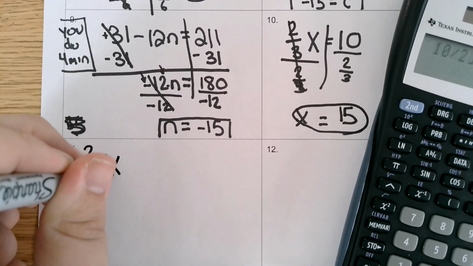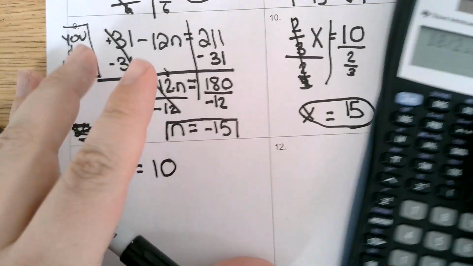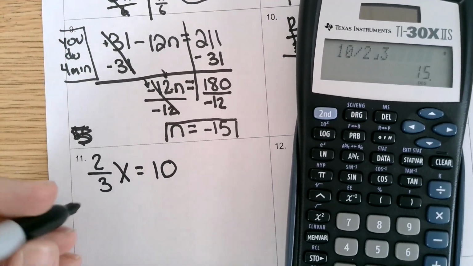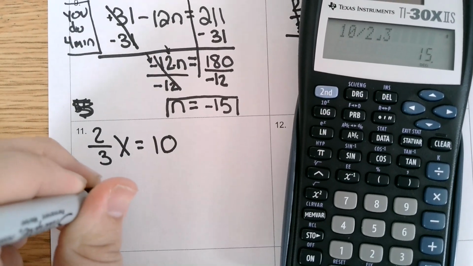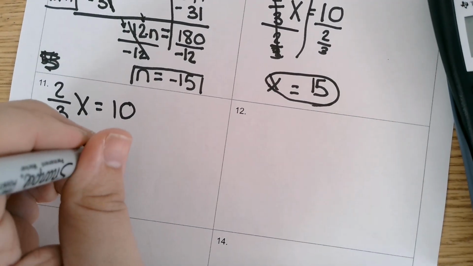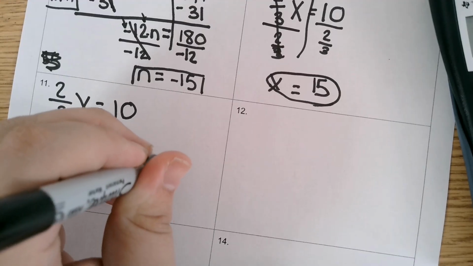Or, doing the same problem, if you don't want to use a calculator or you don't have access to a calculator, you could instead multiply by the reciprocal. The reciprocal is what you get when you flip a fraction upside down.